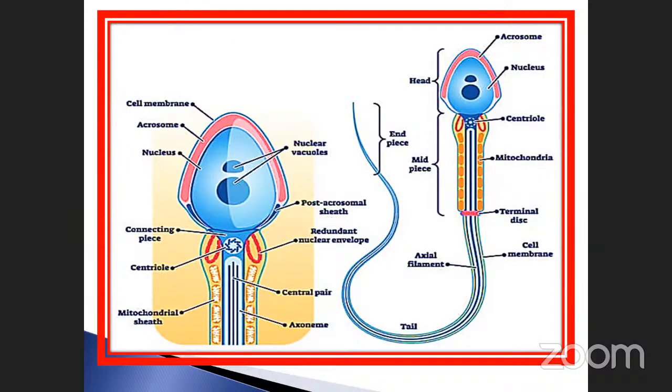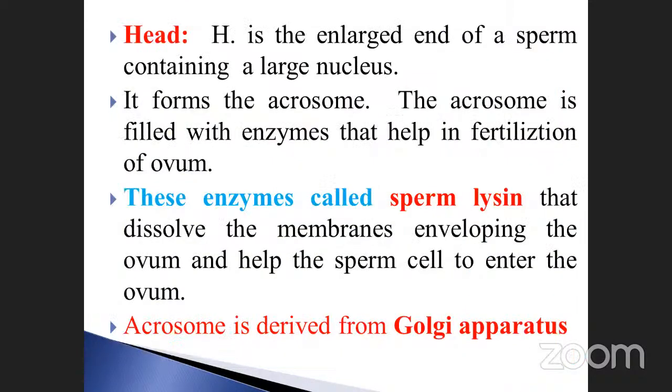Okay, see that one. So here, the first one is the head, isn't it? The head is the enlarged end of the sperm containing a large nucleus, present only in the head, not in the tail, not in the middle piece, and not elsewhere. It forms the acrosome. Note it down. This is very, very important. Acrosome is very important to fertilize the egg. It penetrates into the egg due to some activities.